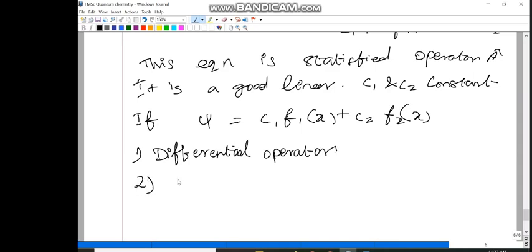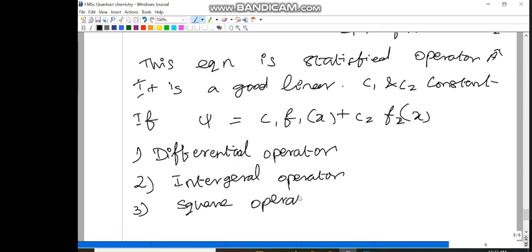Number two, we take an integral operator. And third one we are going to see about the square operator. And fourth one we are going to see the square root operator.